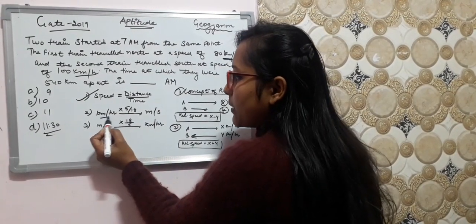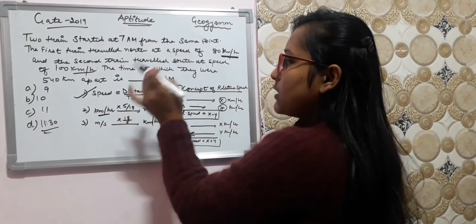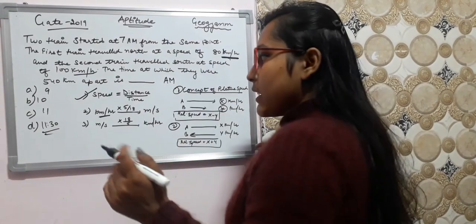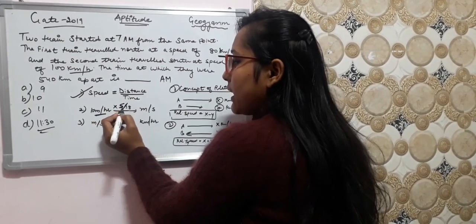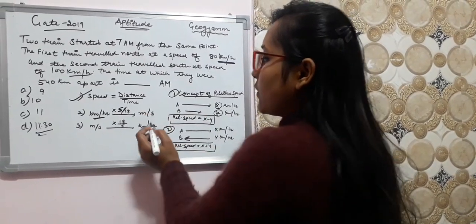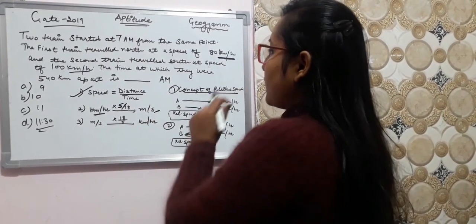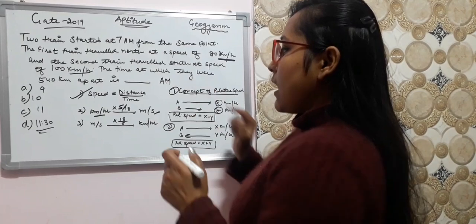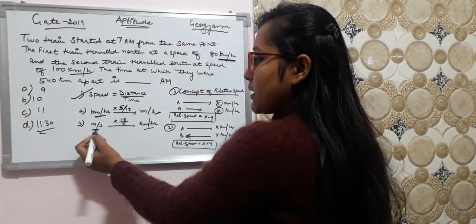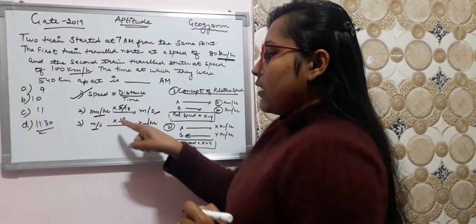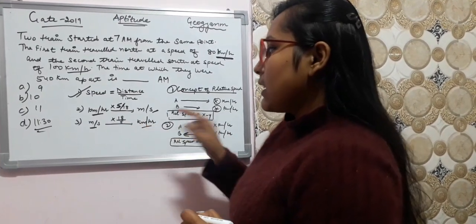Like if kilometer per hour is given and in the answer it is asked in meter per second, then we will multiply this with 5 upon 18. So we will get the value in meter per second. And if in the exam the value is asked in kilometer per hour, then we will multiply the meter per second value with 18 upon 5 to get the value in kilometer per hour.